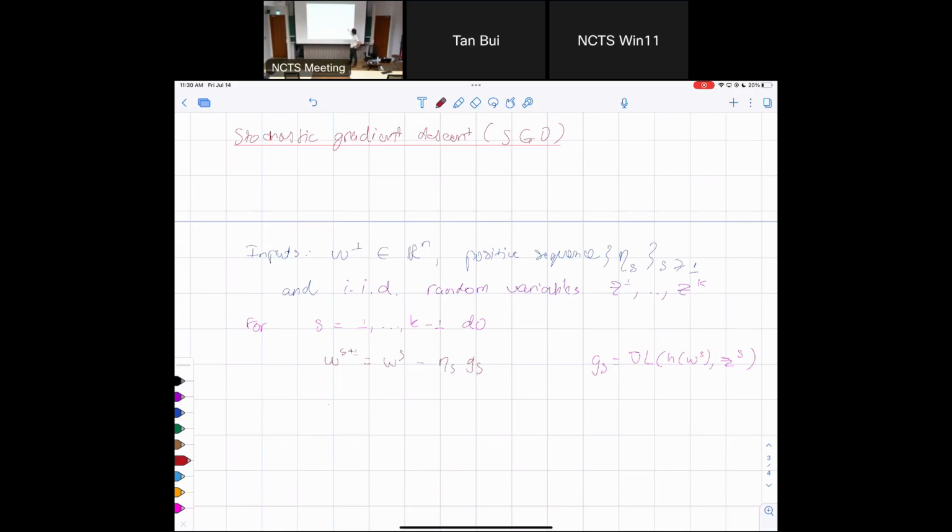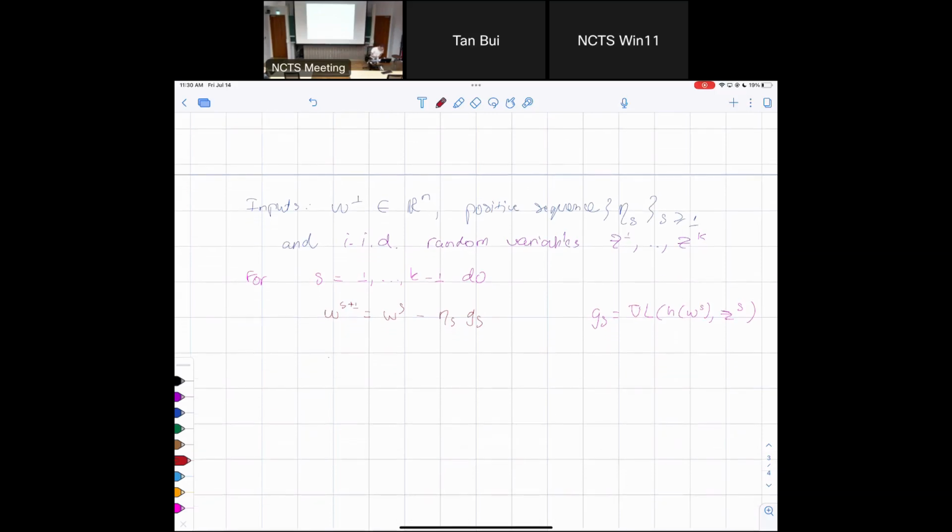At this iteration S, ws is already computed, so ws is given. H is the learner, which we know as a function of ws. What we draw is gs; we pick one of the gs here, and they are IID from the same distribution.